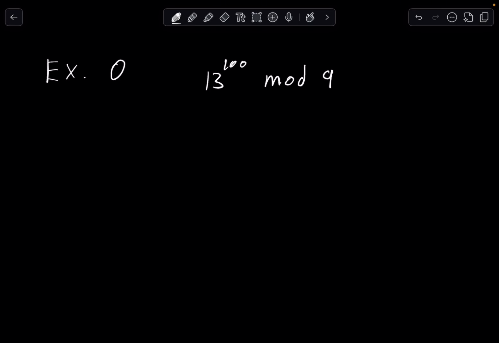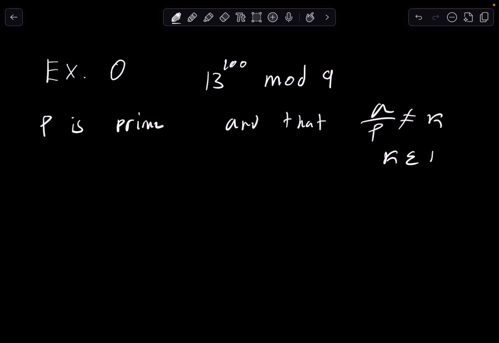Okay, so in this problem, recall that Fermat's little theorem requires that P is prime and that A does not divide P. We'll say K where K is in the set of integers. Okay, so these are our criteria for being able to use Fermat's little theorem.